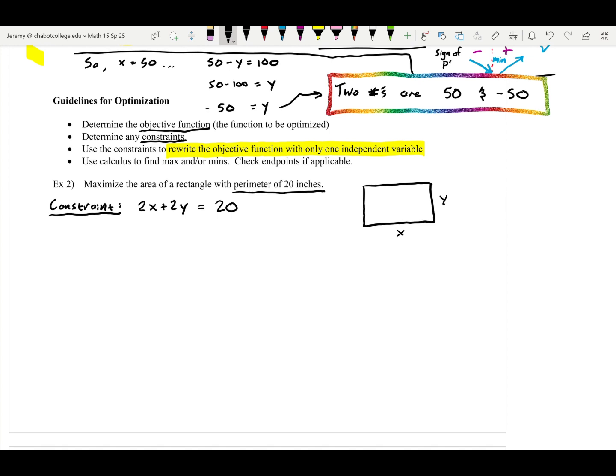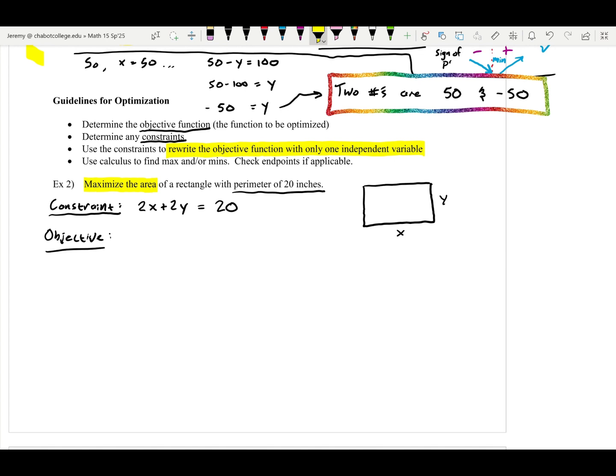Next, we can come up with an objective equation. Now remember, the objective relates to the thing we're trying to achieve, the thing we're trying to maximize or minimize. In this problem, we are asked to maximize the area.